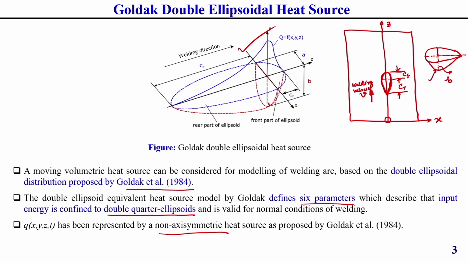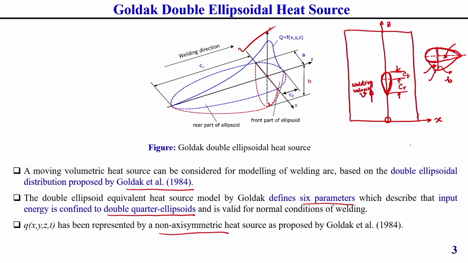Due to this moving, your weld pool geometry can be represented like this. The front part of this ellipse, with the thickness, represents a quarter of one ellipsoid, and the back part of this ellipse, with the thickness direction, represents another quarter of the ellipsoid. That is why I have written here that the heat input energy is generally confined to a double quarter ellipsoid.